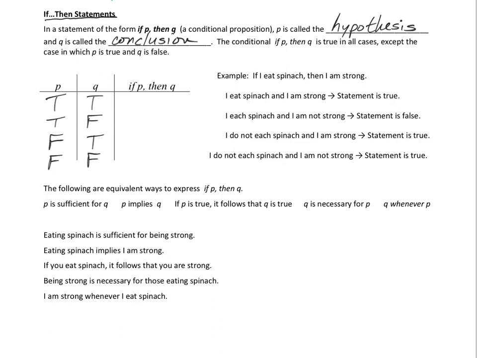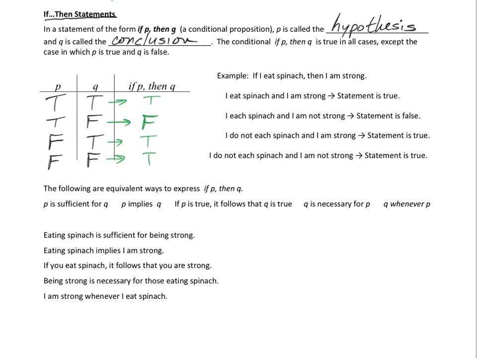So when P is true and Q is false, we get a false statement. Everything else gives us a true statement. And you can see over here on the right side, we have these examples. And you're more than welcome to pause the video to read these for yourself.